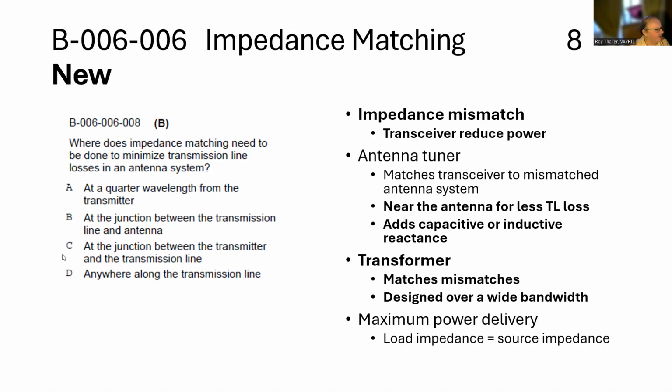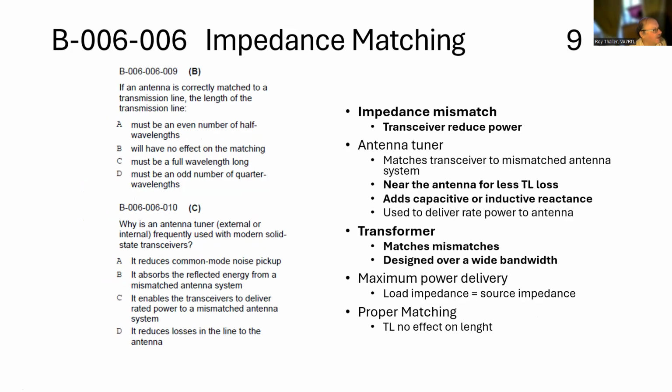So what you want to do here is have some sort of impedance matching at the junction between the transmission line and the antenna. So B is the correct answer.